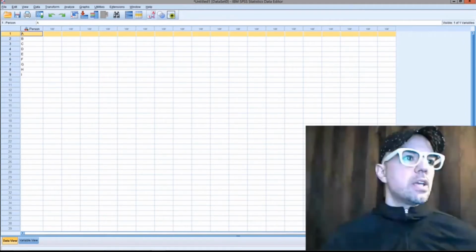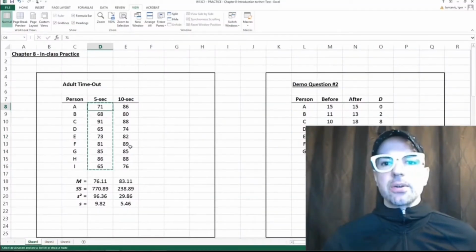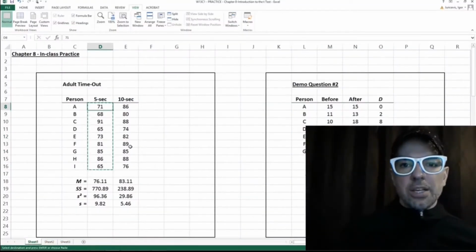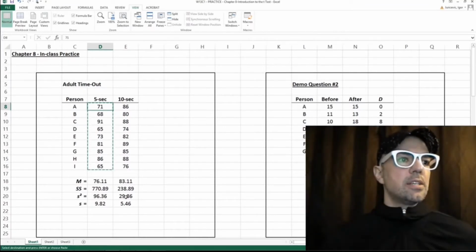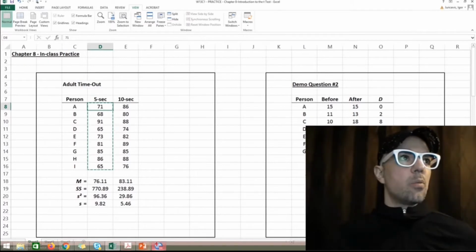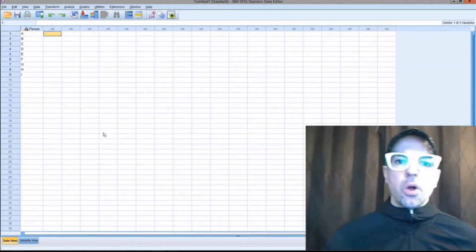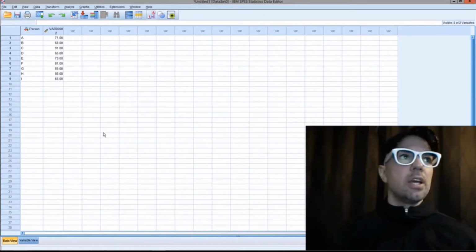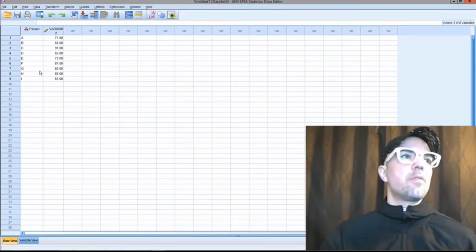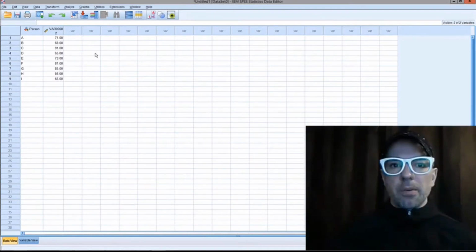So when we look here at our Excel sheet and we have an accuracy score for the 5-second condition for subject A, this score of 71%, that has to go somewhere in row number 1. So we can click on row 1, column 2, we can paste in that information, and now this is properly formatted. So far, we still have one more set of data, but this is properly formatted.